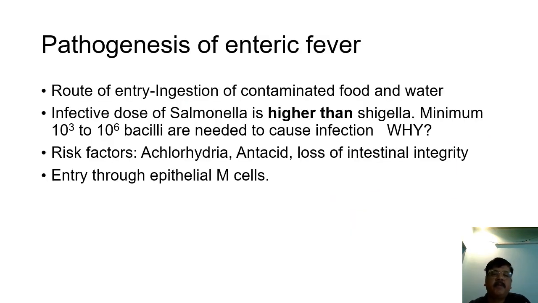Now come to the pathogenesis of enteric fever. The route of entry of bacilli is by contaminated food and water. The infective dose, the minimum number of organisms required to cause infection, is higher than Shigella, 10^3 to 10^6 bacilli, because Salmonella are susceptible to gastric acidity, whereas Shigella are relatively resistant to inactivation by gastric acidity.